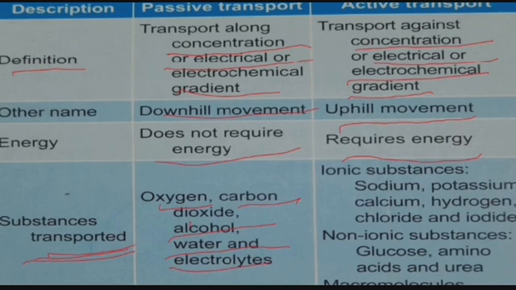In case of active transport, ionic substances like sodium, potassium, calcium, hydrogen, etc. can pass through active transport, and also non-ionic substances like glucose and amino acids. I have already given the example in this video. And micromolecules can pass easily through active transport.